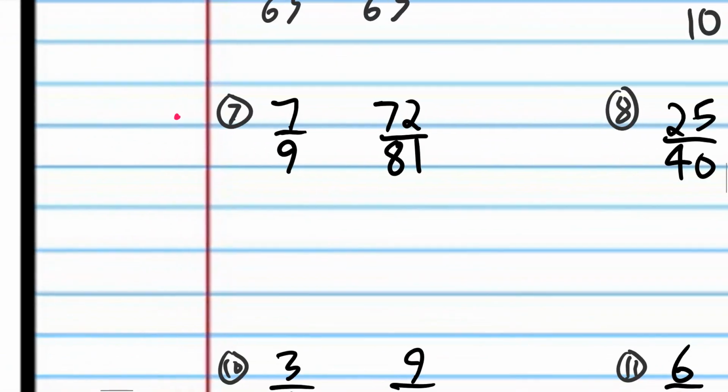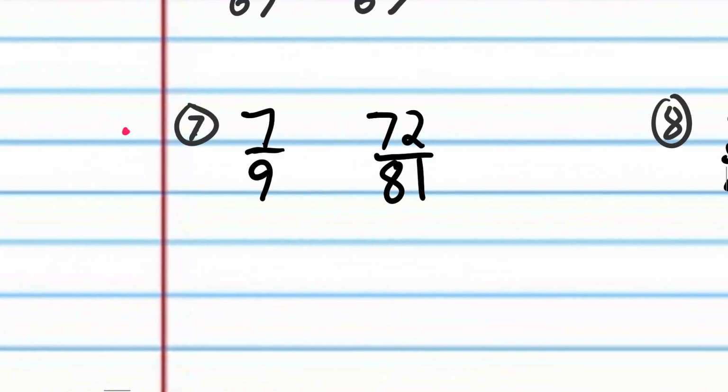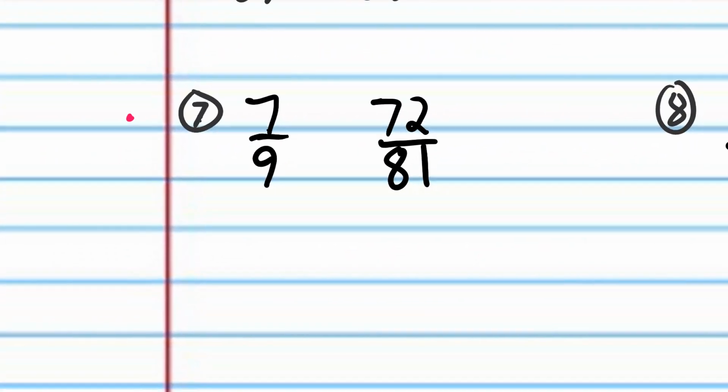All right, now in this problem, something different is going to happen because there's actually 2 ways to solve this problem. One way is what we already did. We can make these numbers bigger by multiplying both numbers by some number to get 81 in the denominator. So that's using the fundamental principle of fractions to make these numbers bigger.